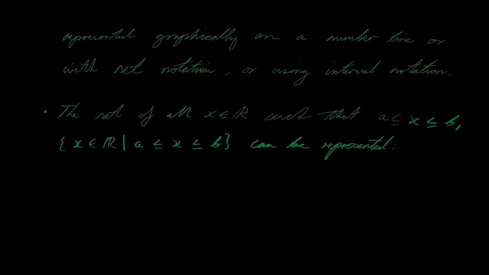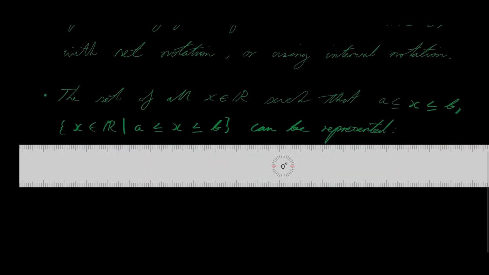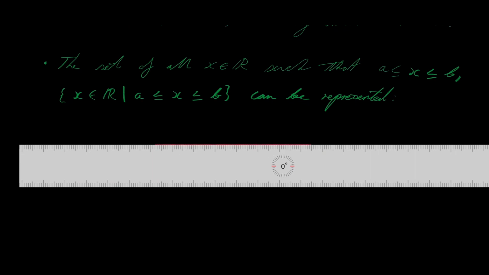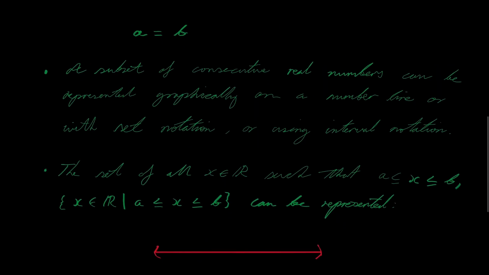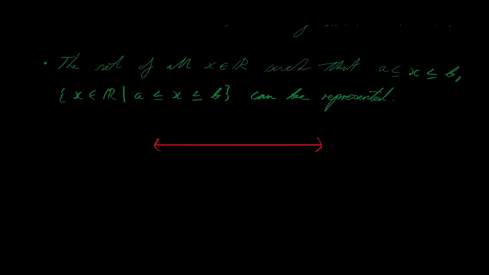Okay, imagine we have a real number line, and we just put these arrows on either side, because it stretches on indefinitely. Here's A and here's B. So we're taking A to be the smaller one, so the left-hand side endpoint of the interval, and B to be the right-hand side endpoint.